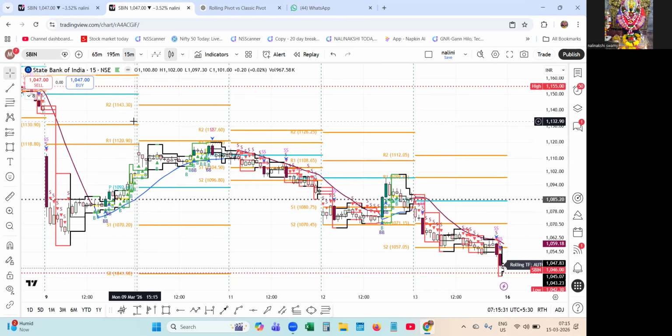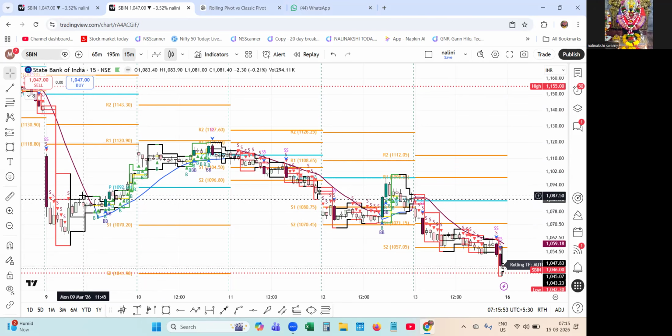But what about these pivots? These are the classic pivots. They are static. They have not plotted any R1. You can see for every hour the balance is forming, R1 is forming, S1 is forming, and it is color coded.